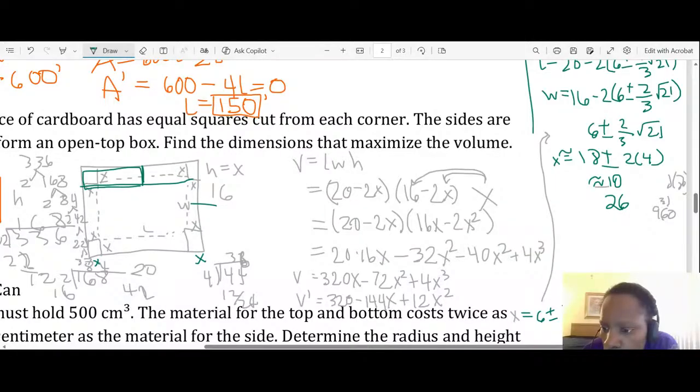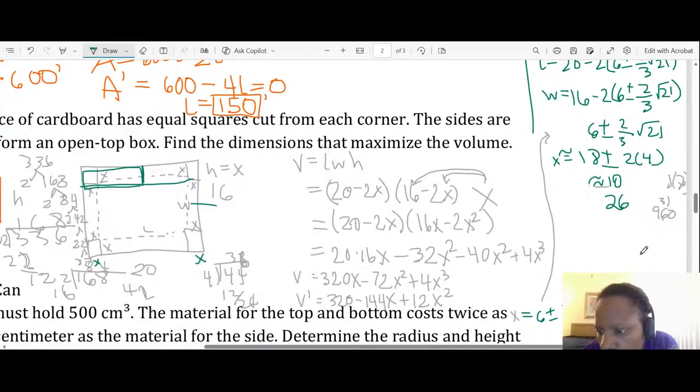So it'd be 26 divided by 3, or 10 divided by 3. So which one do you think? It's going to be about 8, and then this is going to be about 3. So it's best to be close to 3.